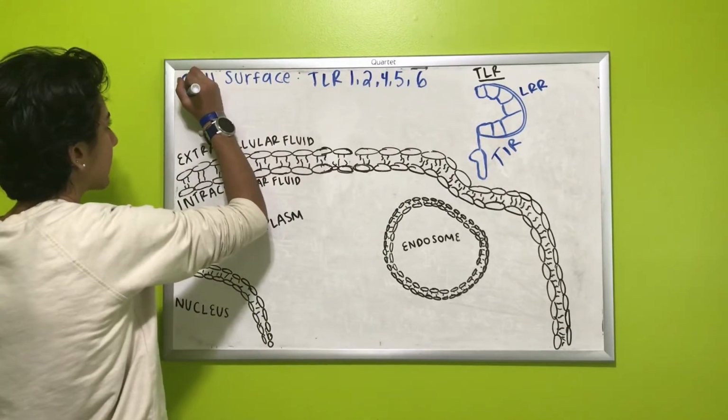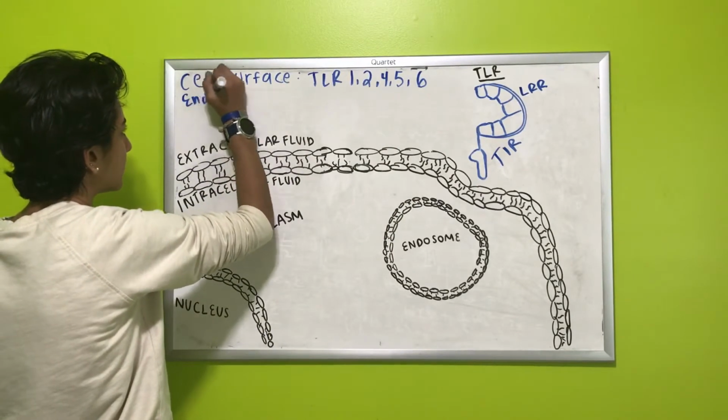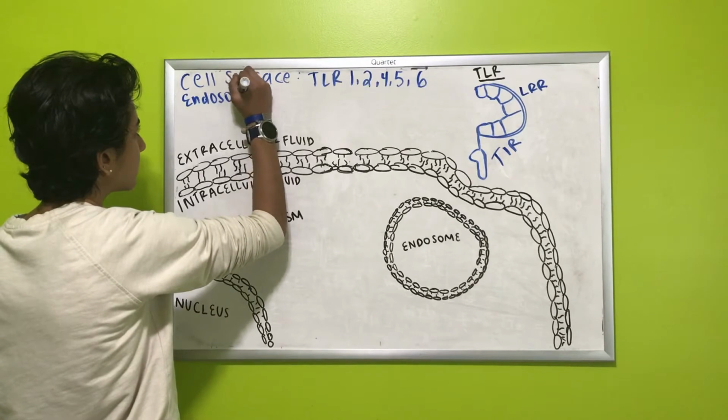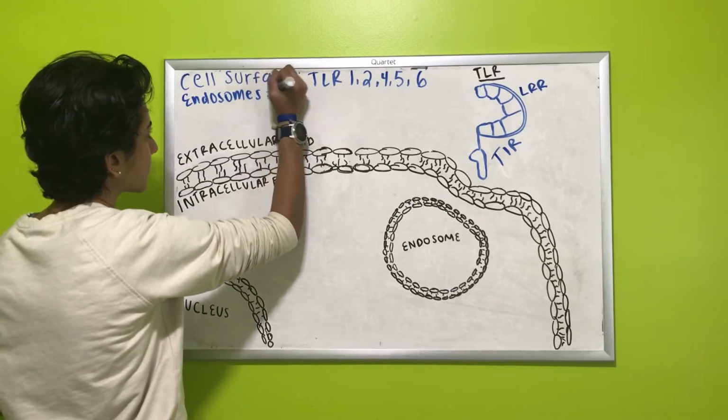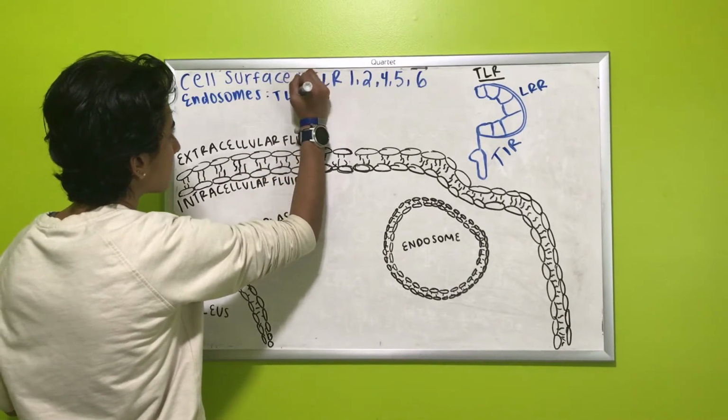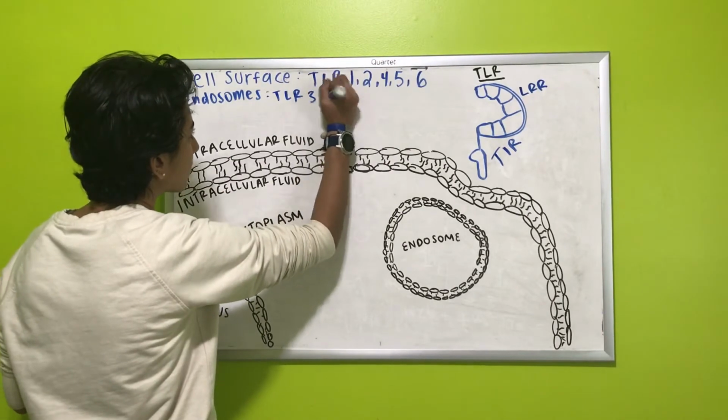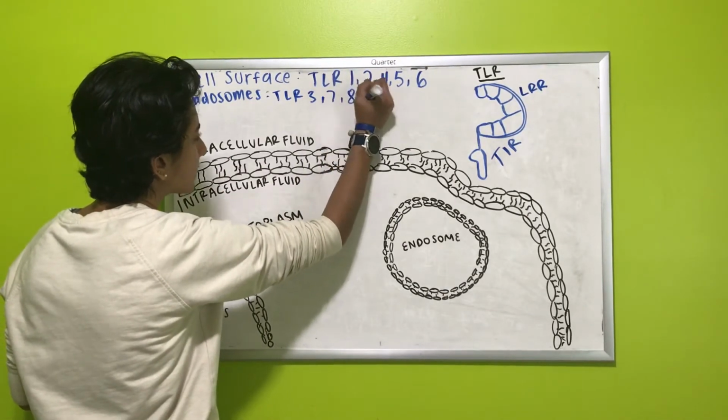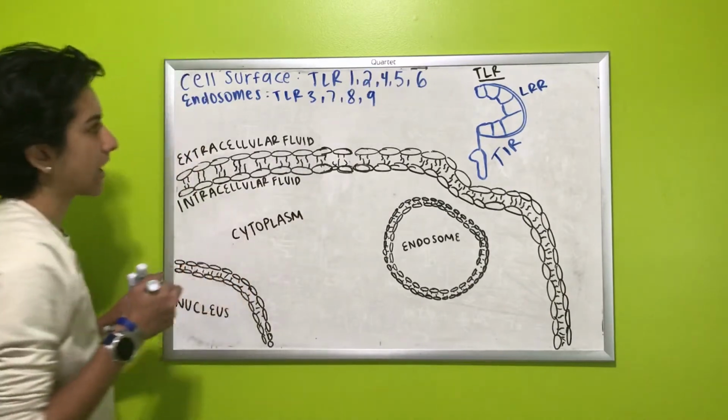And then located intracellularly on the endosomes are the rest of the toll-like receptors, so TLRs 3, 7, 8, and 9.